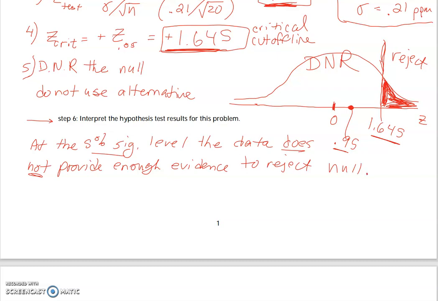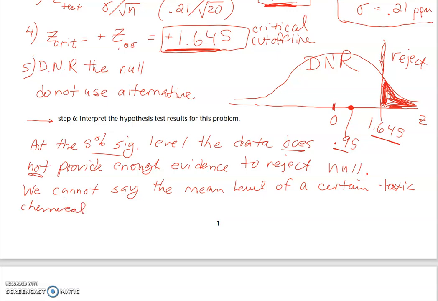So in this case, what does it mean? We cannot say the mean, and it's always the mean we're testing, right? The mean level of a certain toxic chemical in these vegetables is greater.